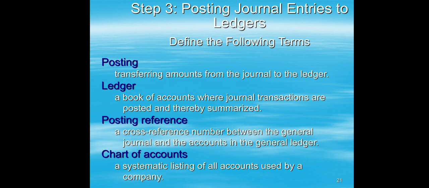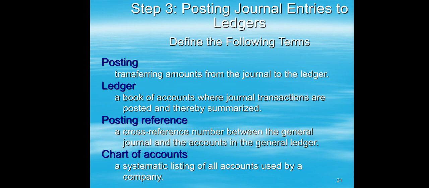What is a ledger? See the second term in this slide, ledger. The ledger is the second book that we use in accounting. Remember, the journal is the first book and the ledger is the second book. The ledger is a book of accounts where journal transactions are posted and thereby summarized. So the ledger is a book.